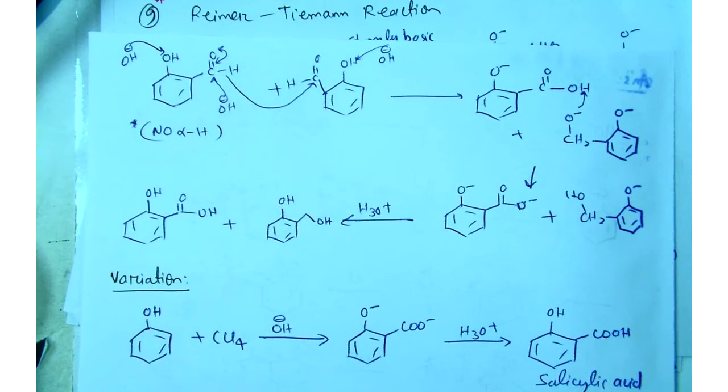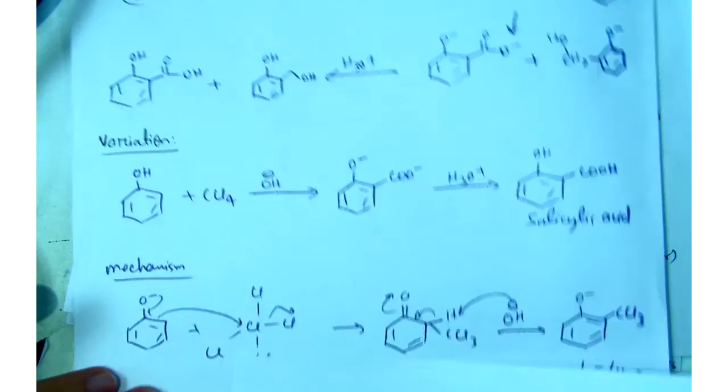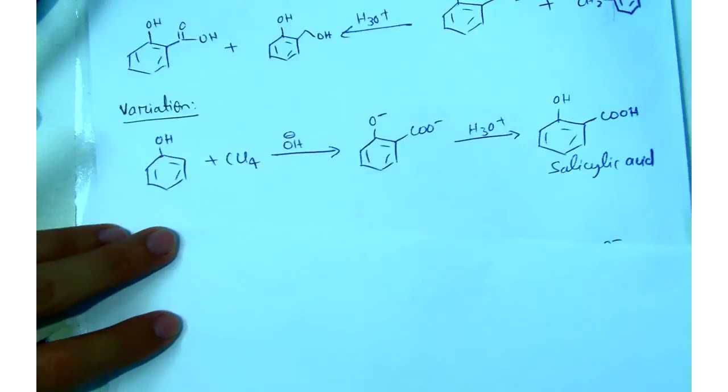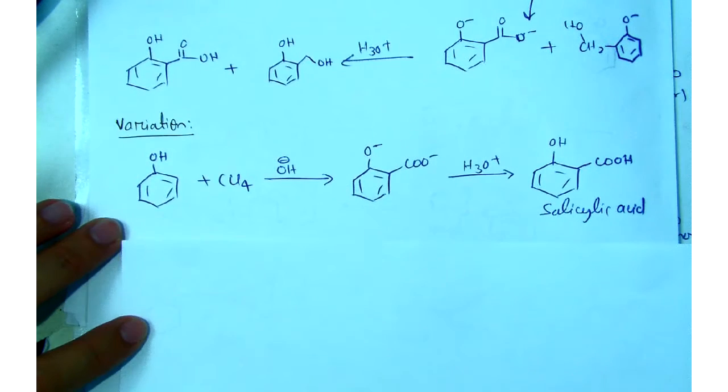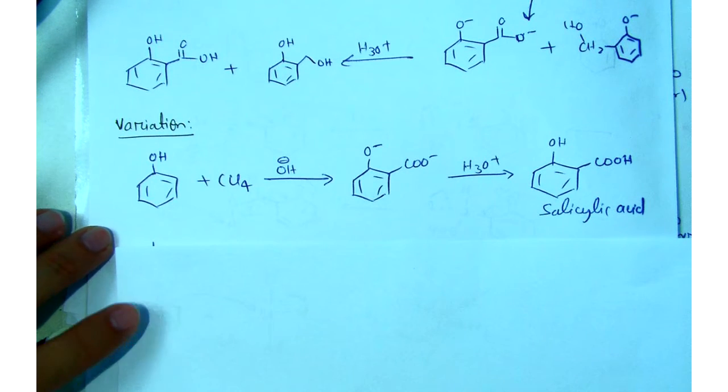In Reimer-Tiemann there is another thing you can get if you react with CCl4. It's a similar reaction, but with CCl4 you get salicylic acid.